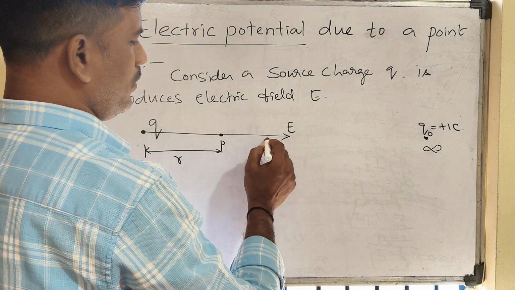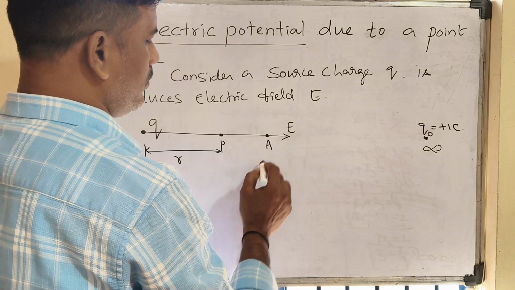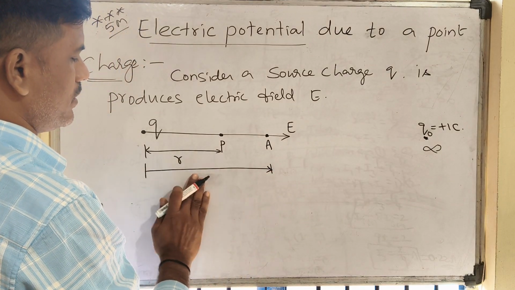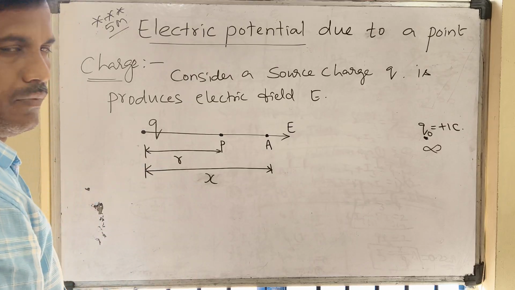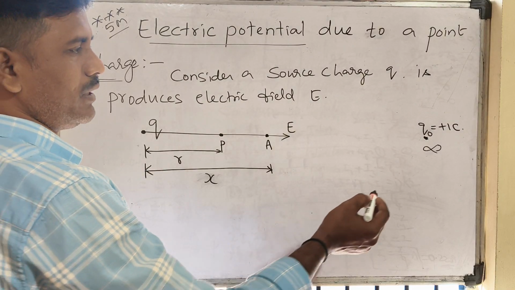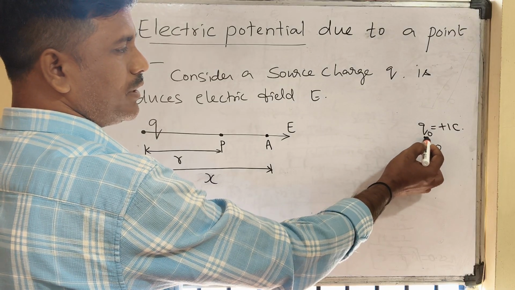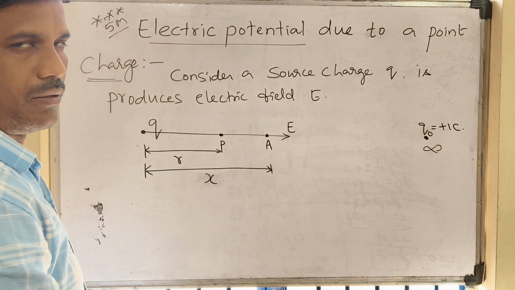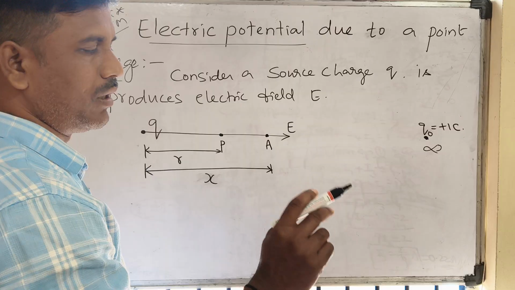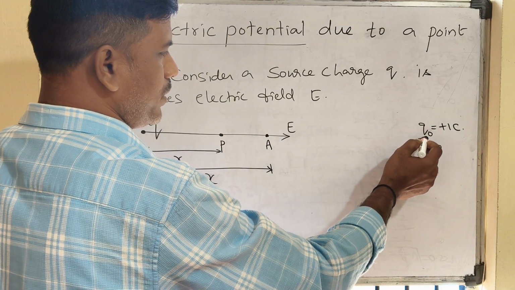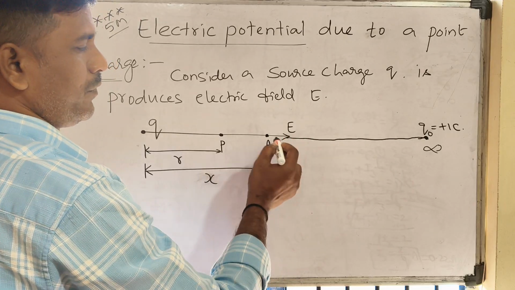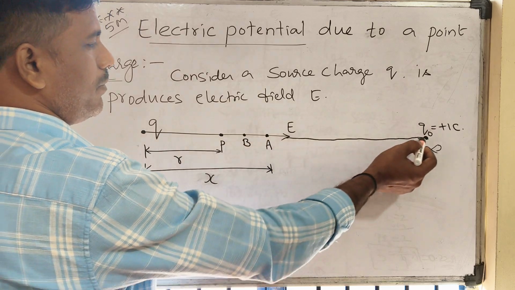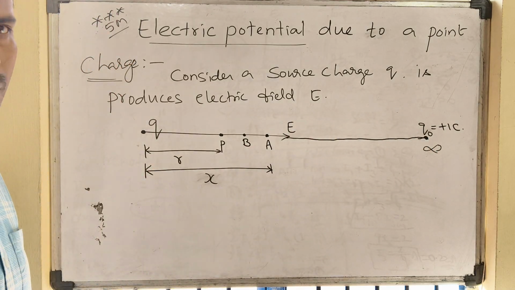Now consider a point A at distance x from the charge. The total work done means bringing the unit positive test charge from infinite distance to point P. But first consider only the small work done in bringing it from infinity to point B. From here to here there is no opposing force.